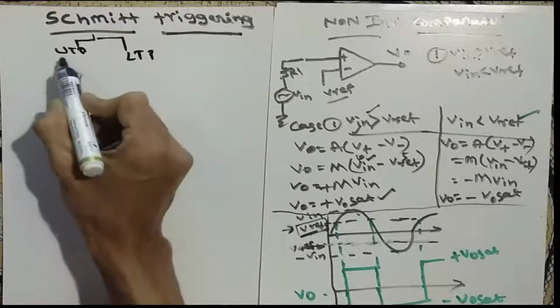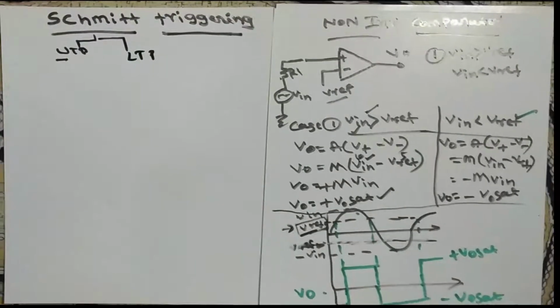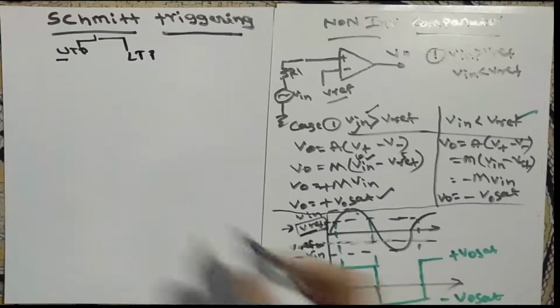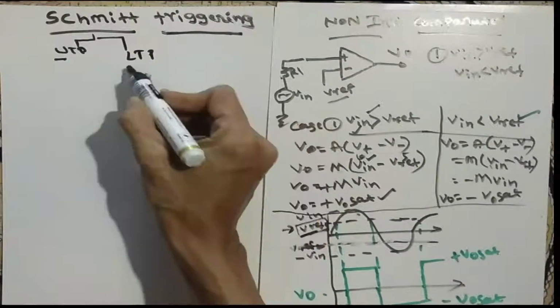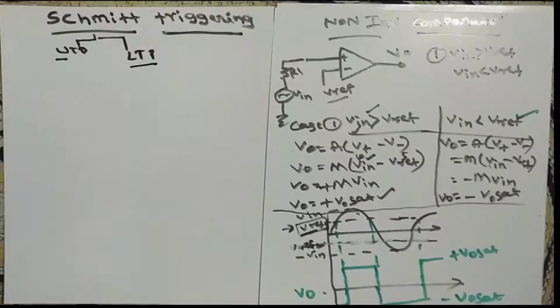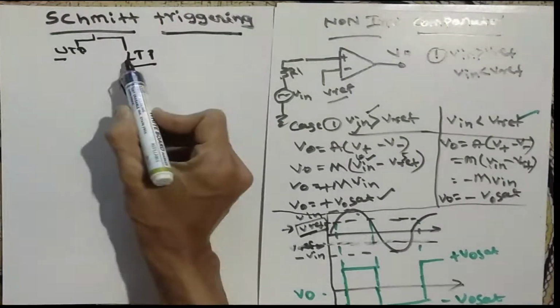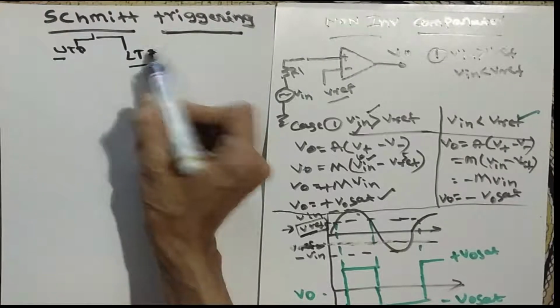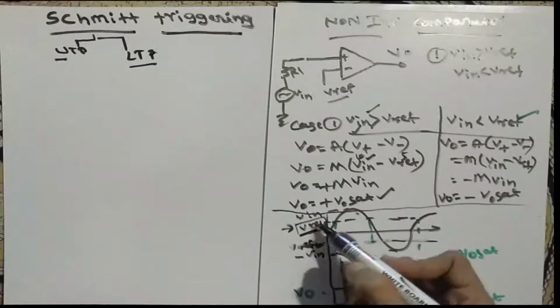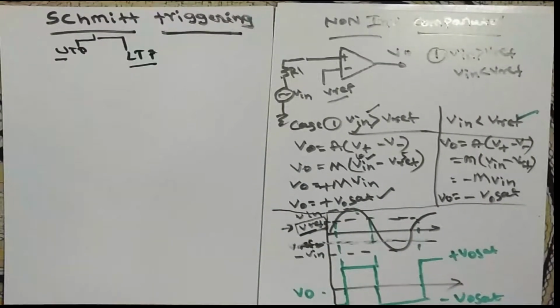UTP is the upper triggering point, that is, the maximum reference we take. LTP is the smaller value of the V reference, usually the negative value, which we call the lower triggering point. So these two, V reference 1 and 2, we call by different names, UTP and LTP.